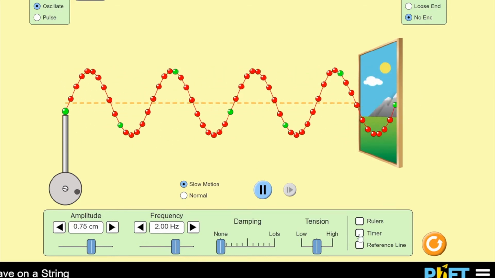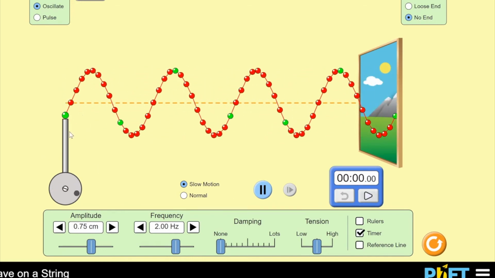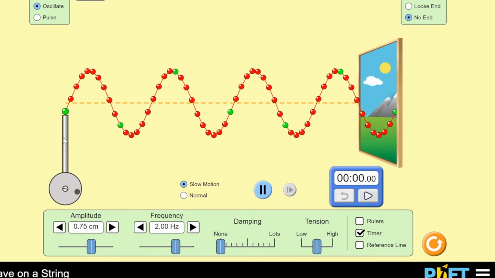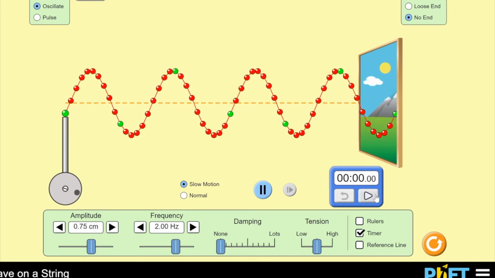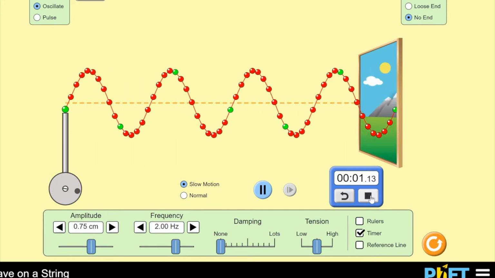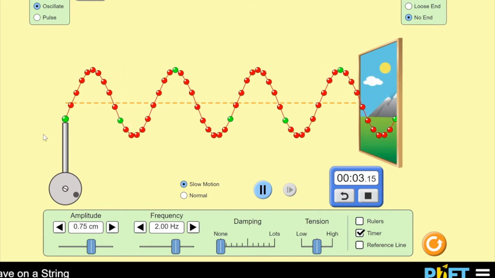And if I put a timer up, and when this green particle gets to the top of the cycle, I'm going to press play, and you should see that every second, because we're in slow motion now, this green dot goes down and back up twice.